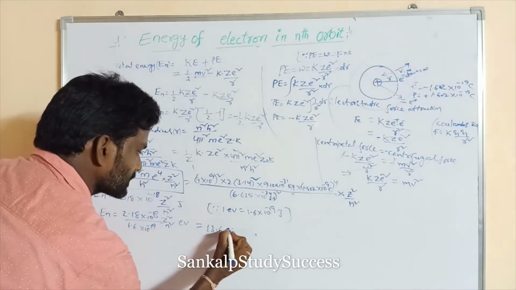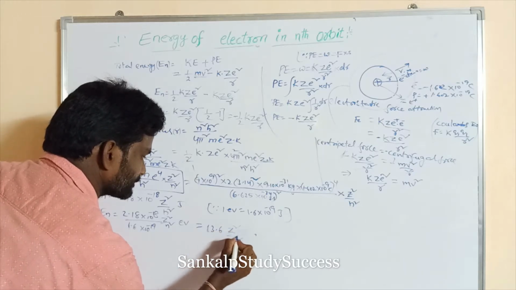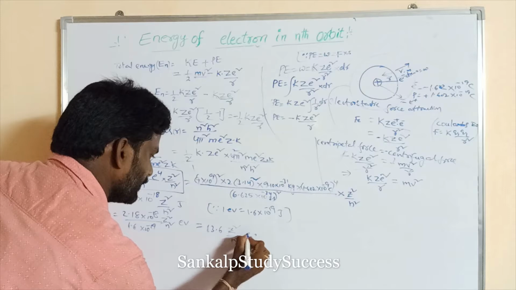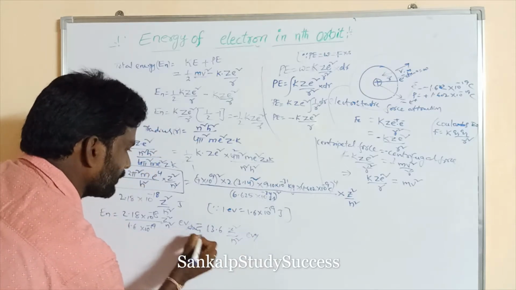So these are the variables, z square by n square, into electron volt per atom, eV by atom.